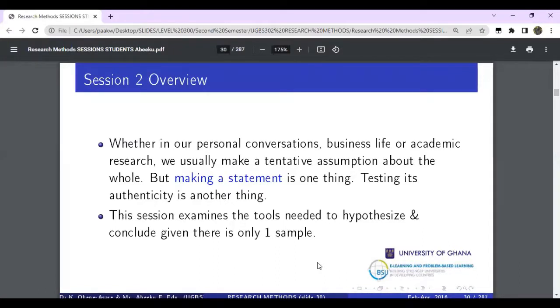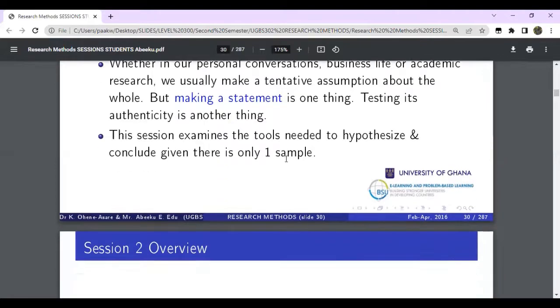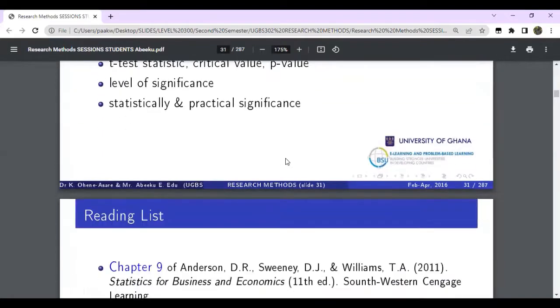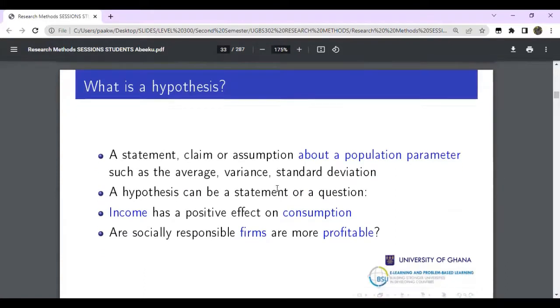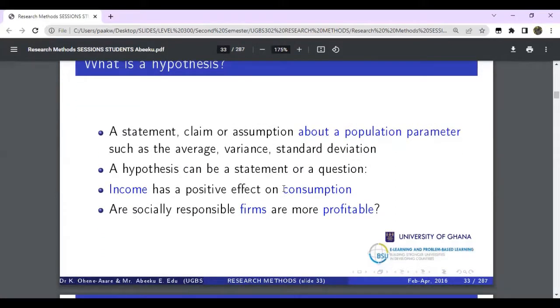So today we'll be starting with hypothesis. And I hope we know hypothesis from last semester's course. So we are saying hypothesis. Can you see the slide? Yes, I can. Okay.